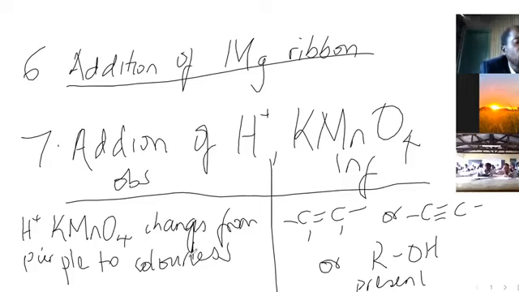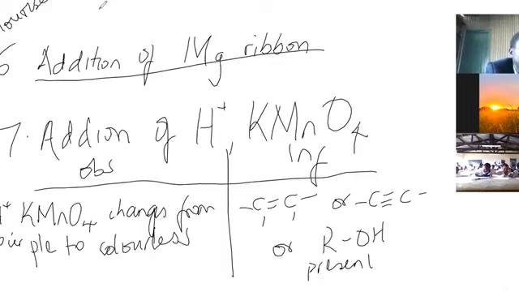You can also say purple potassium manganate 7 does not change to colorless. We also accept purple potassium manganate 7 is decolorized.